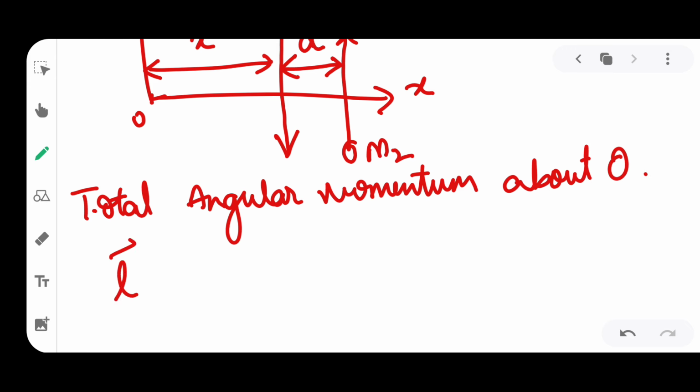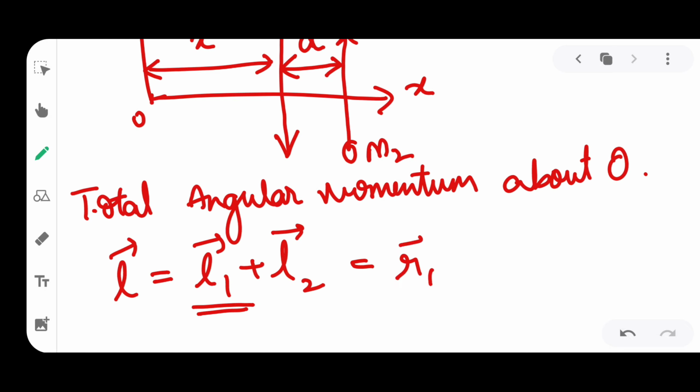L vector is equal to L1 vector plus L2 vector. L1 vector is the angular momentum of the first particle, and L2 vector is the angular momentum of the second particle. So we can write L1 as R1 vector cross P1 vector, plus L2 as R2 vector cross P2 vector.